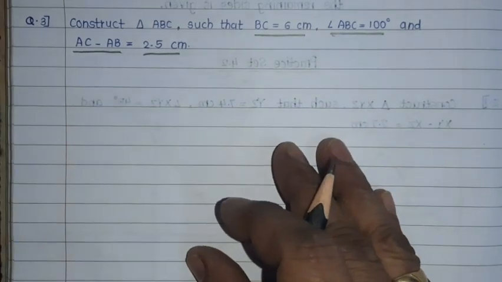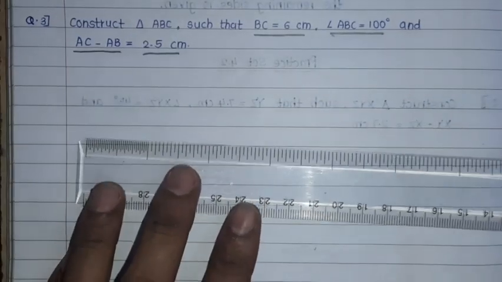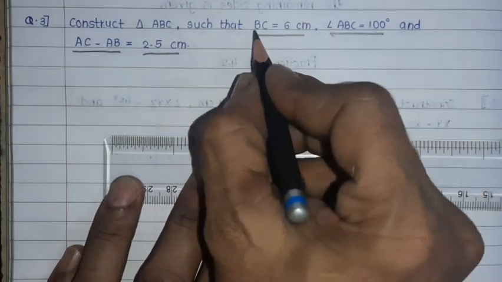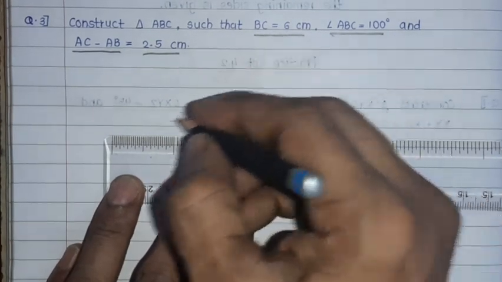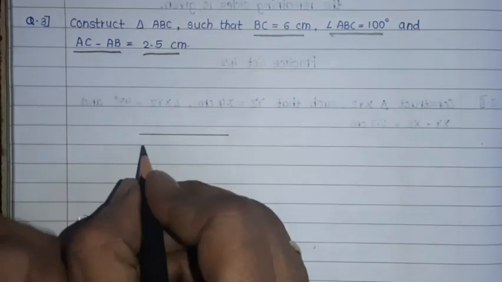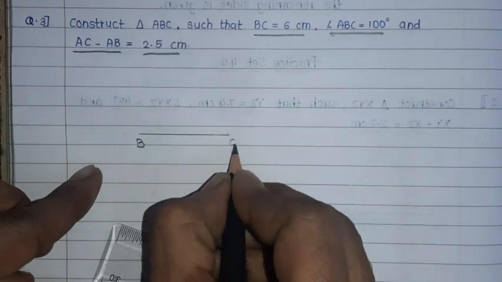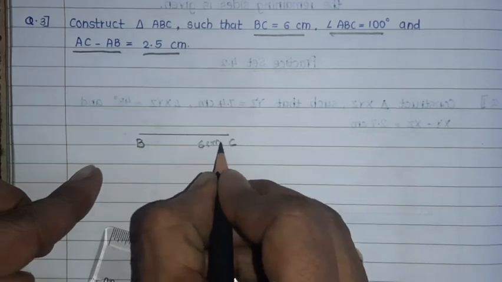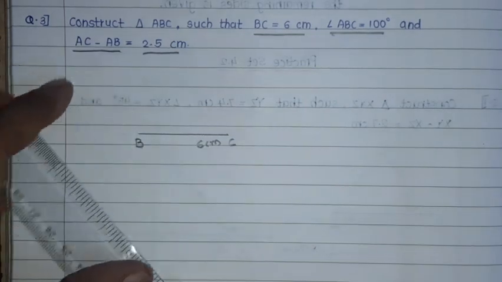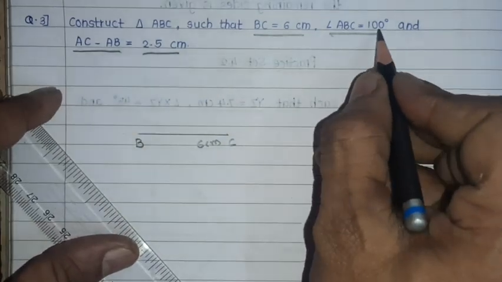Before constructing, we have to observe and draw the analytical figure. Dear student, BC is 6 centimeter. Therefore, we can draw the BC like this and it is 6 centimeter. Now we have to decide which side is greater and which is smaller. For that purpose, see, angle B is 100 degree.